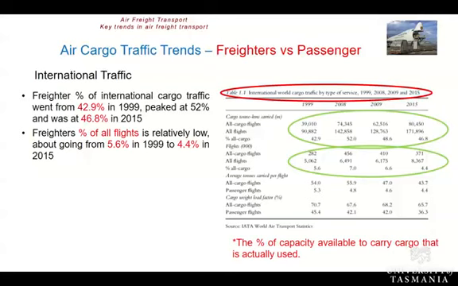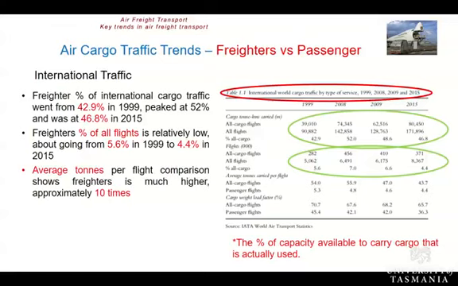So about 6% of flights were freighters. It now sits at about 4.4%. So I guess the takeout here is that only 4% of flights moving around the globe carrying cargo are freighters, although they're almost carrying 50% of the volume of air cargo.